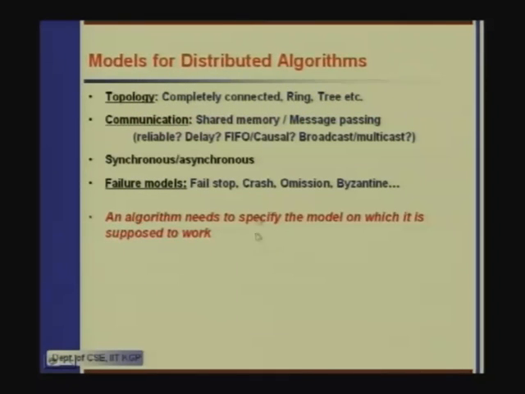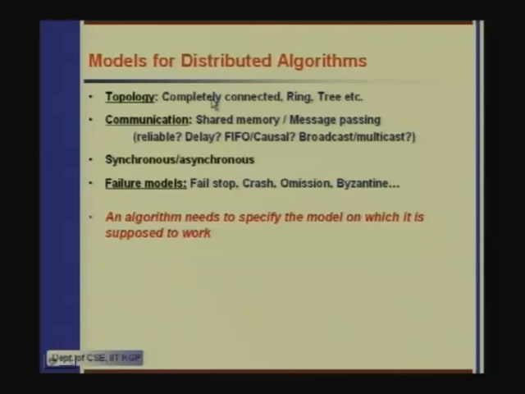Now, we will study distributed algorithms under different topologies. So, topology is the way in which the backbone network is connected. Okay. So, completely connected, it could be a ring, a tree, or any arbitrary graph. Now, when we talk about this topology of this thing, this is the view that the algorithm has of the underlying topology.